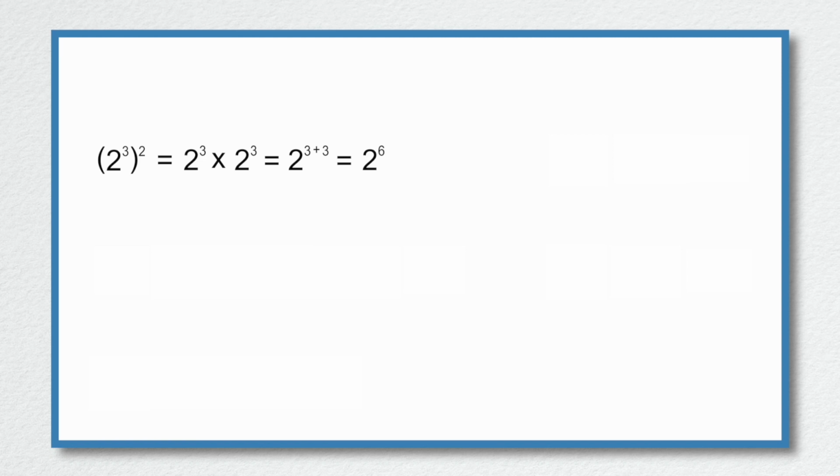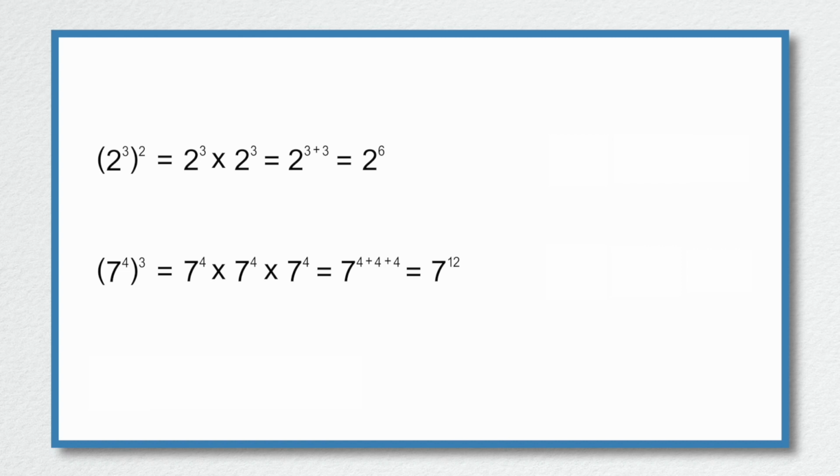Let's look at another example and then we can start working out the rule. So if I had 7 to the power of 4 all to the power of 3, well, that's 7 to the power of 4 multiplied by 7 to the power of 4 multiplied by 7 to the power of 4, which is equal to 7 to the power of 4 add 4 add 4, which is equal to 7 to the power of 12.